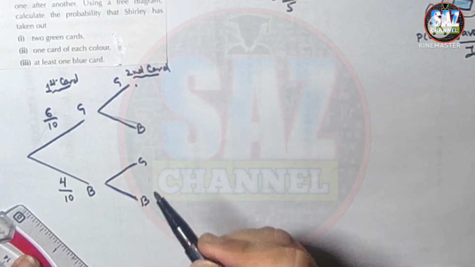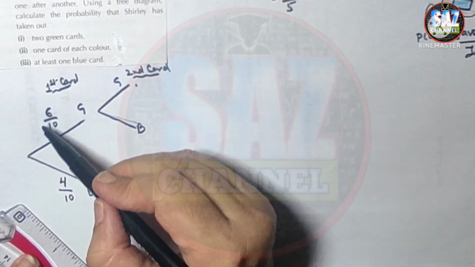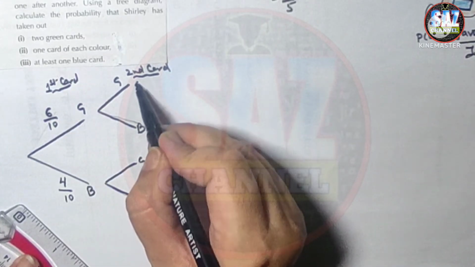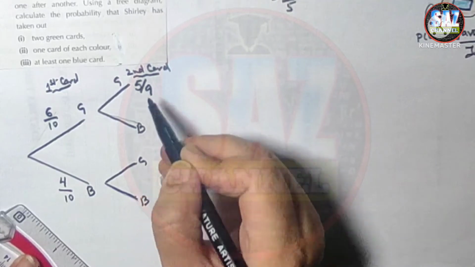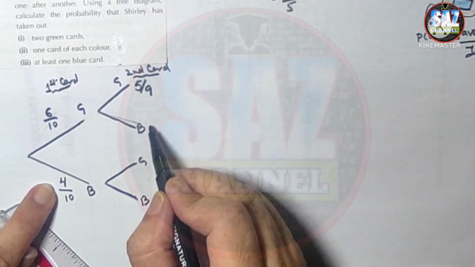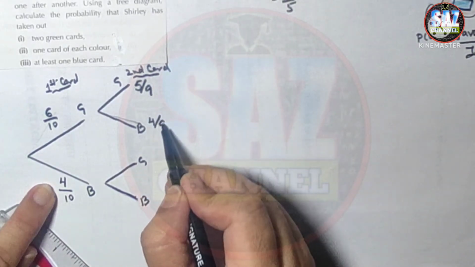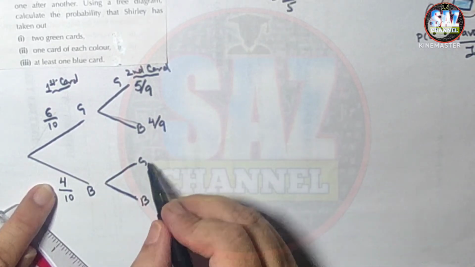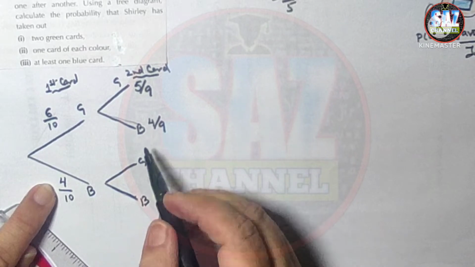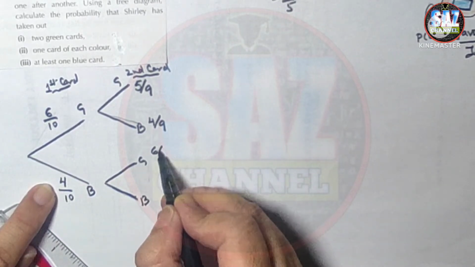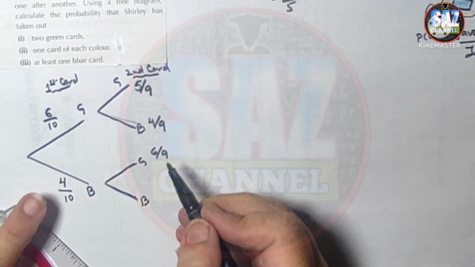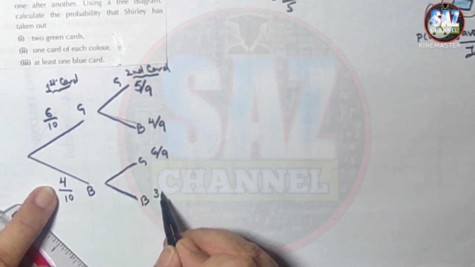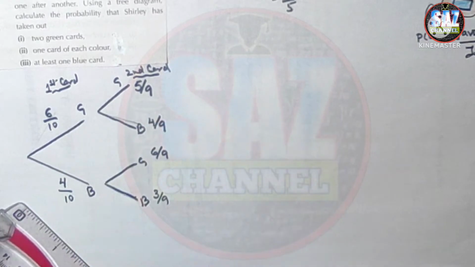Now look, as we have picked up 1 green card here, the choices of green at this stage will be 5 by 9, but there will be no effect on blue this time, 4 by 9, or here we will have the 6 by 9 chances, and why 9? Because we have picked up 1 card in the previous draw, and then this is 3 by 9. It's up to you, you can write the probabilities at this place as well.